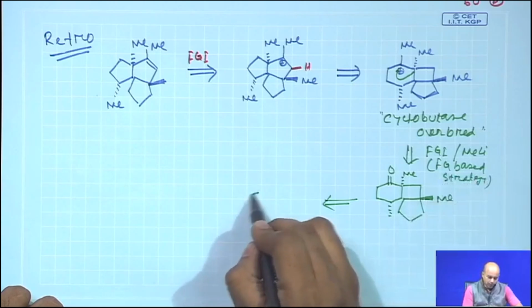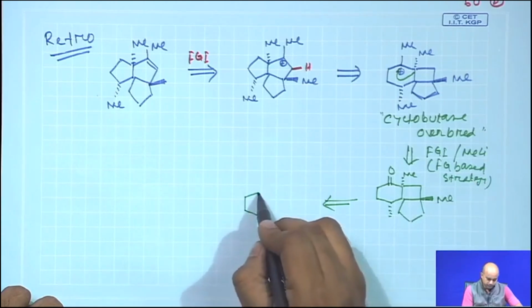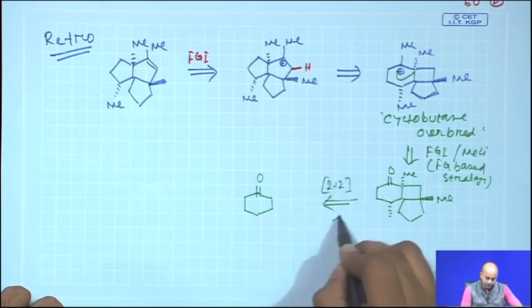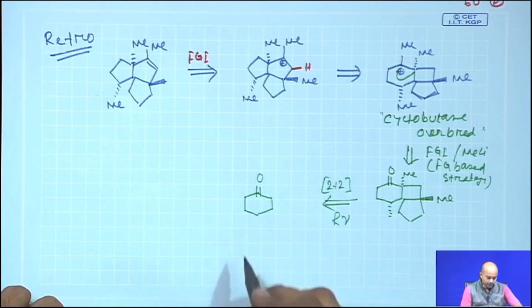Okay. Now, we are saying that a retro 2+2 would probably be feasible. Now, what am I saying?